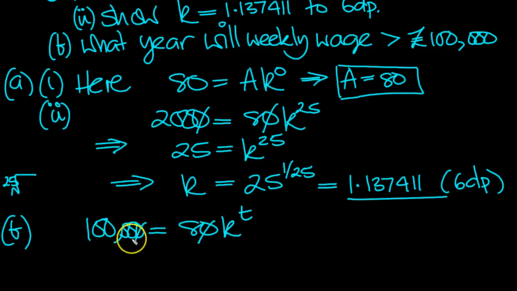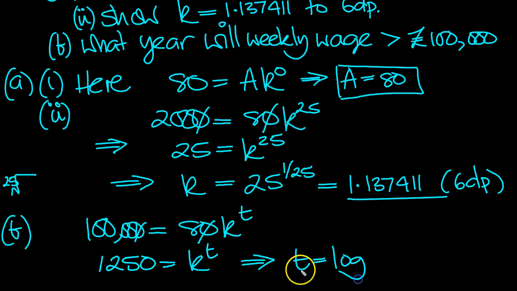We've got then 10,000 over 8, which is 1,250 if you tap it in the calculator, is equal to K to the T. So then, to get the logarithm, T is equal to the log, and basically this K moves down to be the base number here. Log K of 1250 will give us the time.